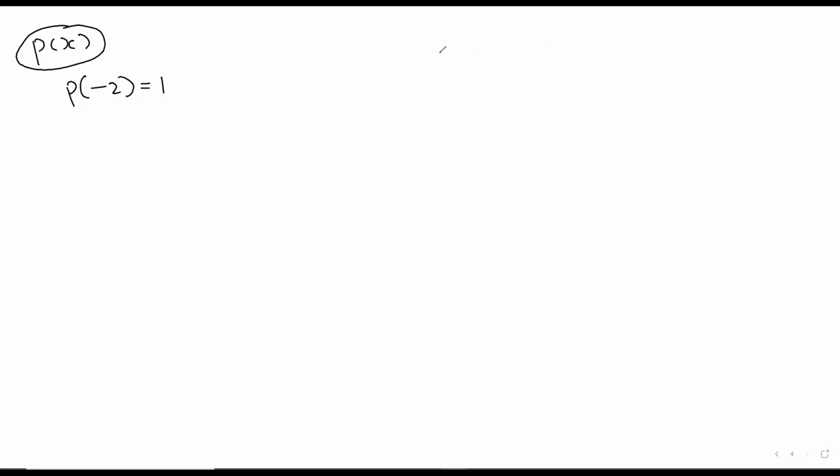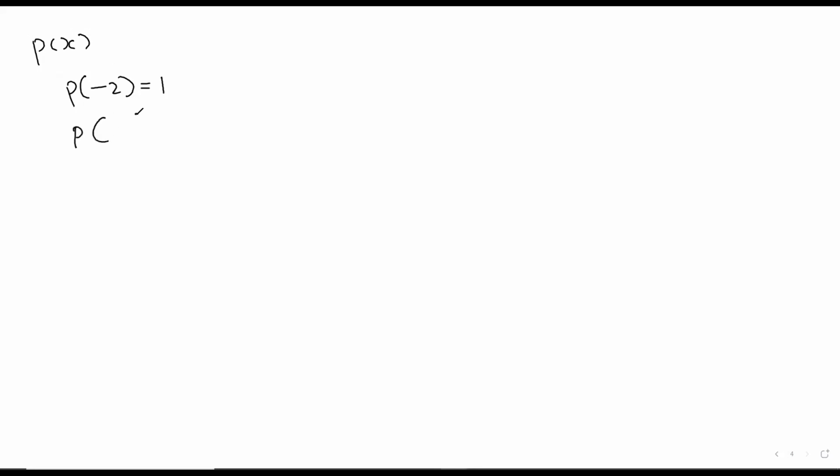That's just what this means. The English version is like a long sentence, and we have condensed it into a very short statement. That's what math does. It condenses a lot of English statements into a short one. So P of minus 2 is 1.